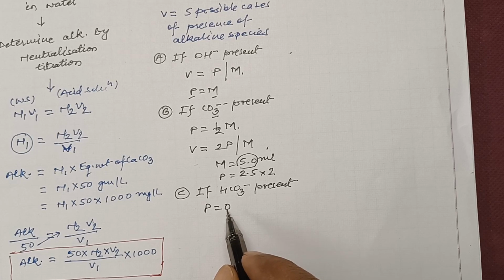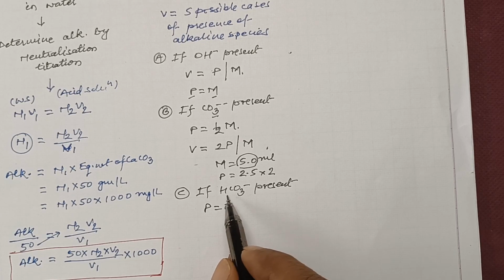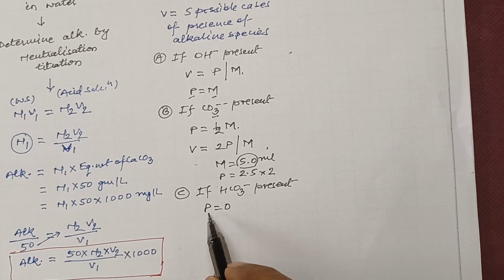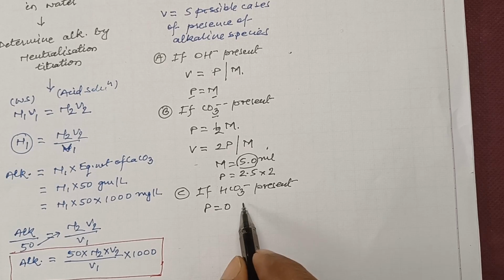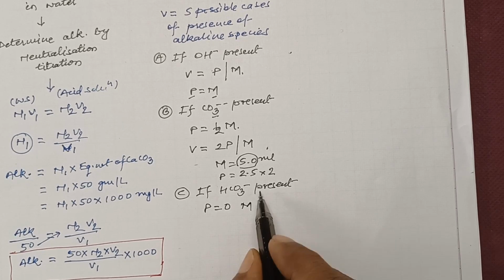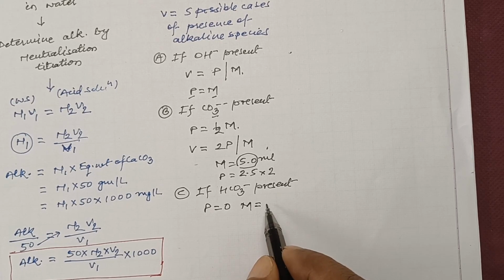Phenolphthalein fails because of the slightly acidic medium, because of the presence of bicarbonate ion only in the water sample, and this provides a slightly acidic medium. So in such a case phenolphthalein does not represent the color change, but M shows a color change, and the endpoint may be of a particular value V.